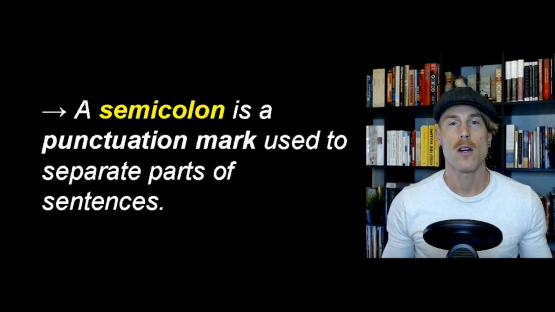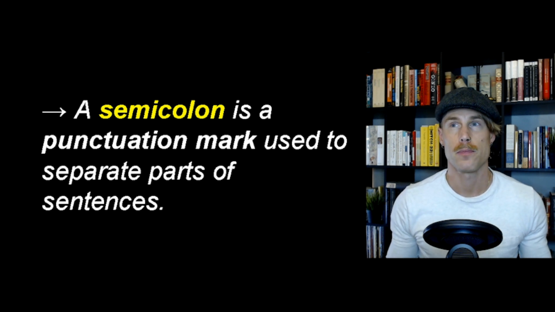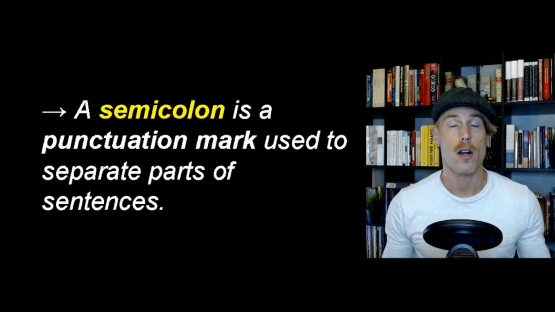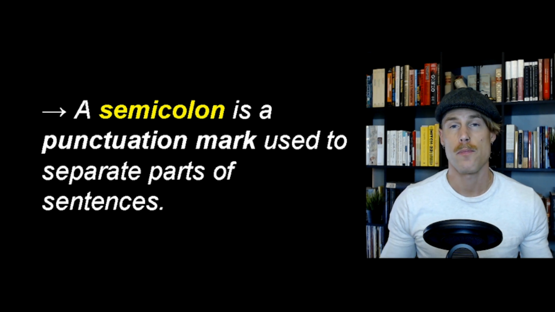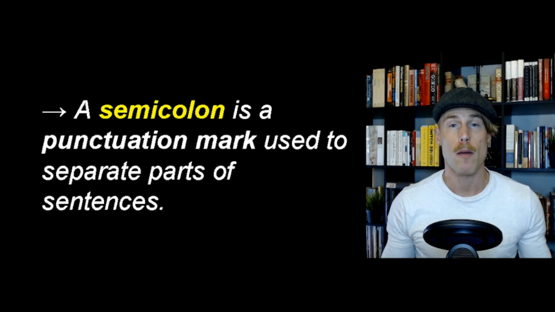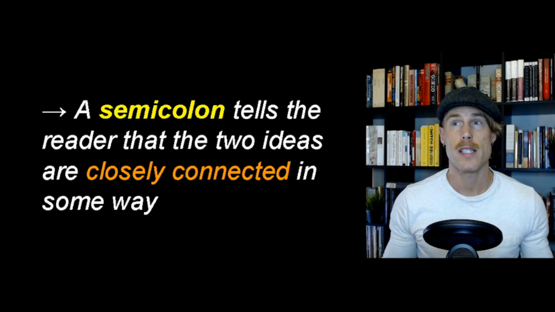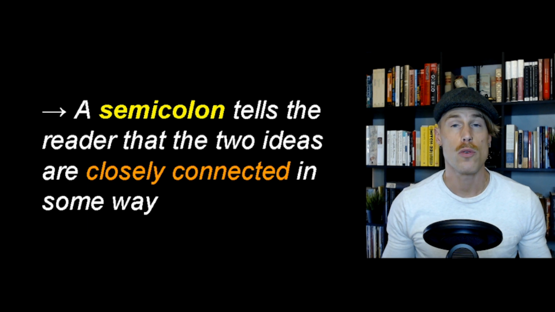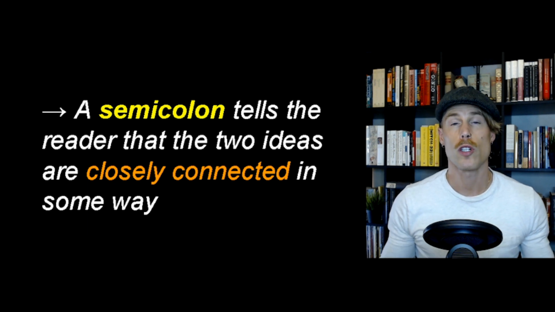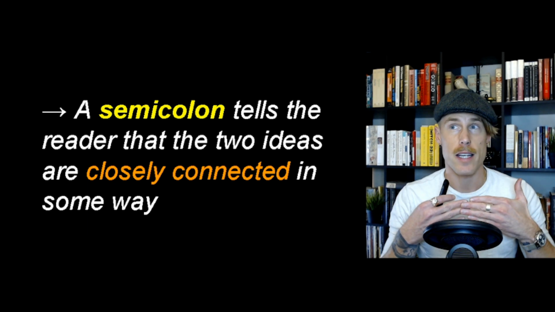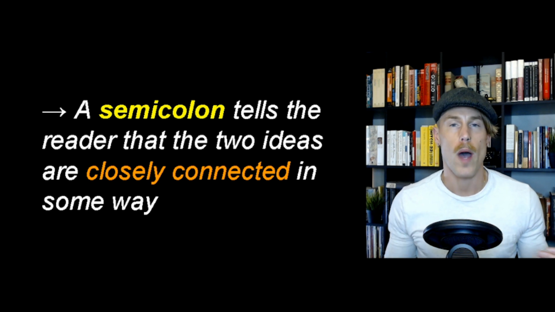Okay, well, what is a semicolon and why do we use semicolons? A semicolon is a punctuation mark used to separate parts of sentences, just like commas do. A semicolon tells the reader that two ideas are closely connected in some way.